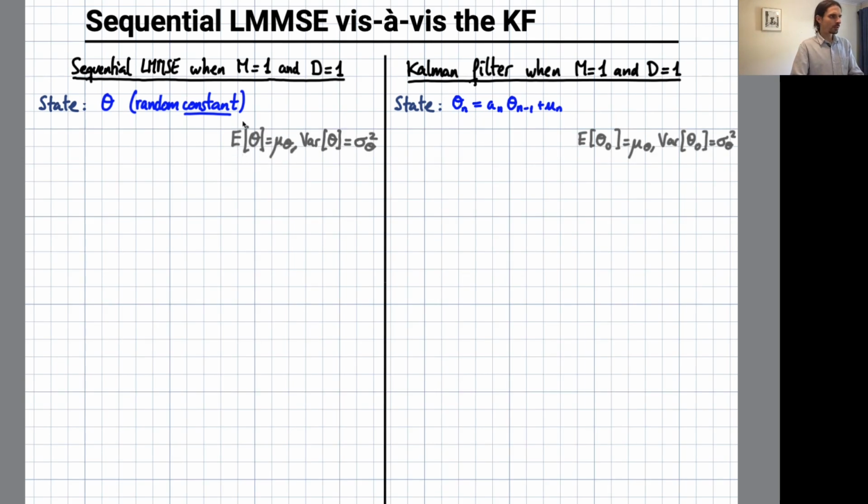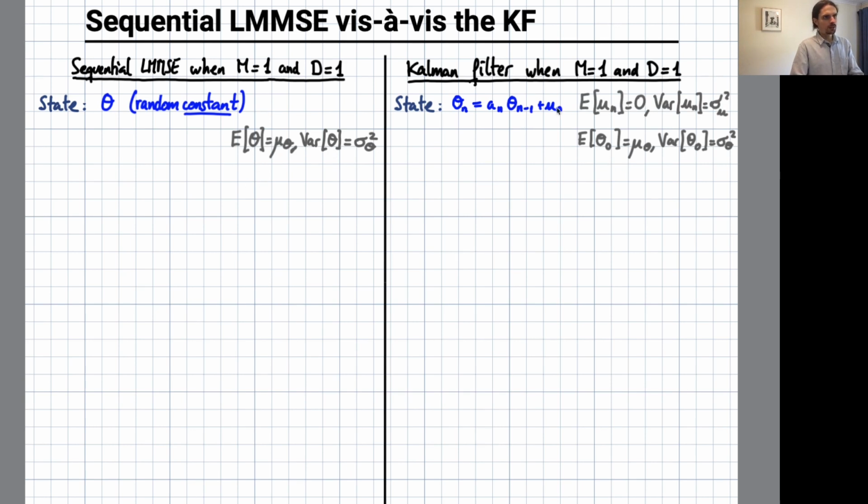In this case, we were given the prior moments of the parameter, whereas here we are given the prior moments of the initial state. But this can be thought of as the initial state as well, it's simply that it doesn't change afterwards.